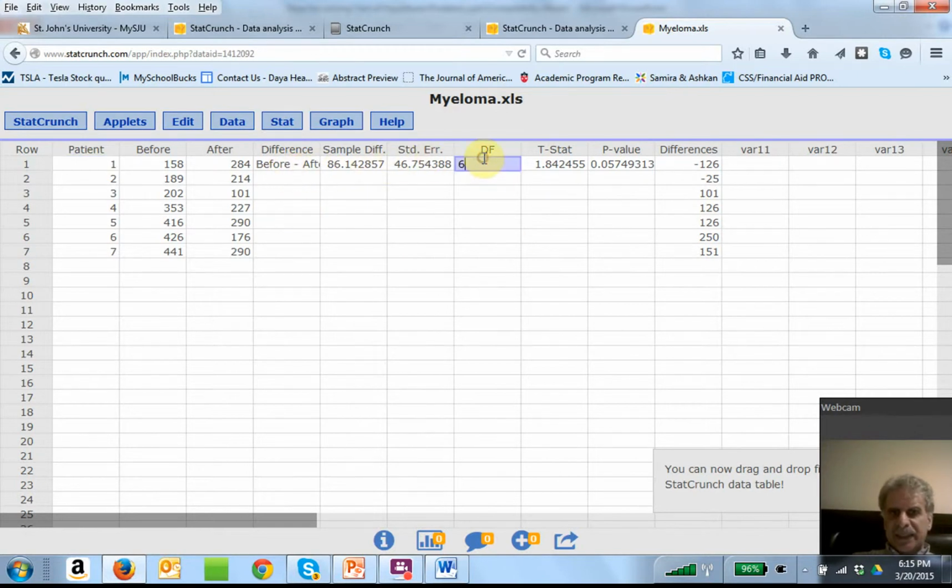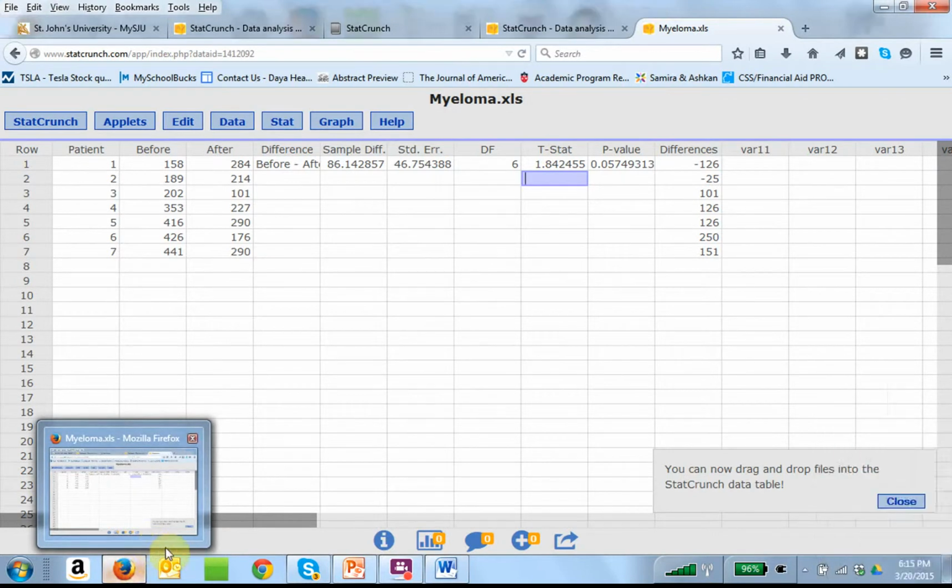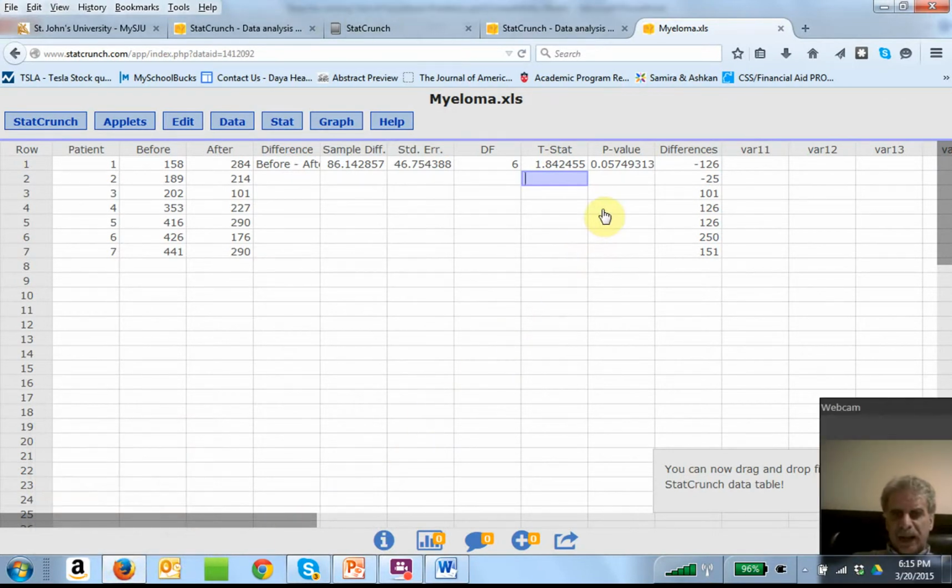So here it says the degrees of freedom is 6, the test statistic is 1.84, and the p-value is 0.057. If I go back to the problem, the alpha level was 0.05. So that's my p-value.